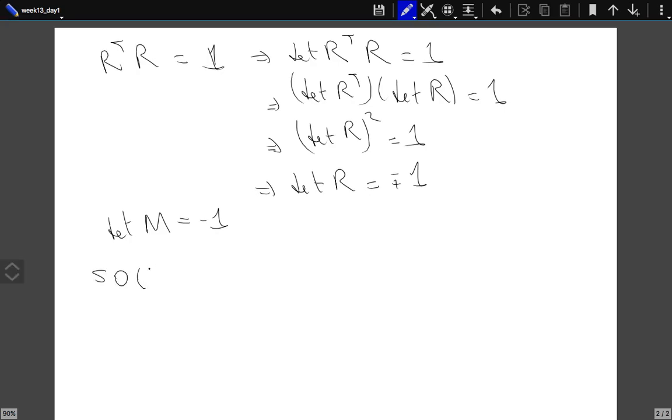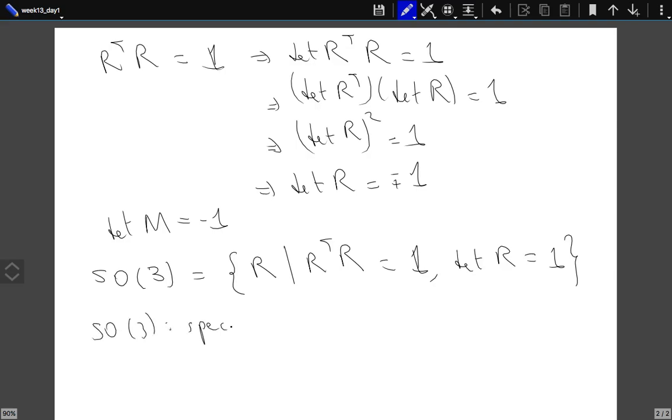Now we define another group, SO3. In general it can be SO(N), and since we are working with 3 dimensions, we only have the 3. SO(N) is defined just similar to O(N). It's made of 3 by 3 matrices, R transpose R is equal to 1, but we have one additional condition, that the determinant of R should be 1. So M, which is not a rotation, is not a member of SO3.